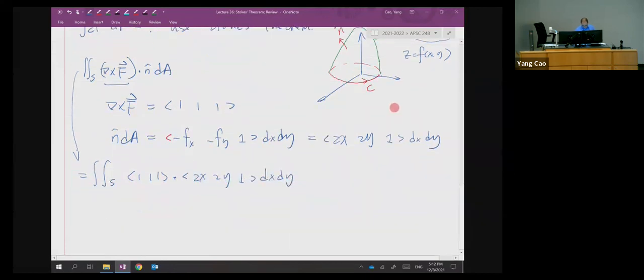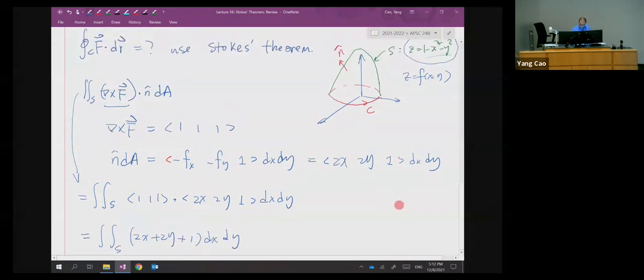This dot product gave me 2x plus 2y plus 1, dx dy. The x and y limits should be determined by the shadow of the surface in the xy plane, and the shadow of the surface is a circle.